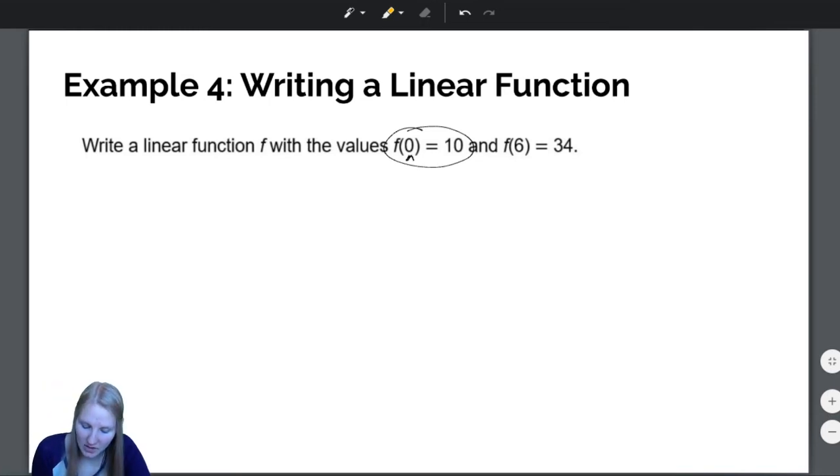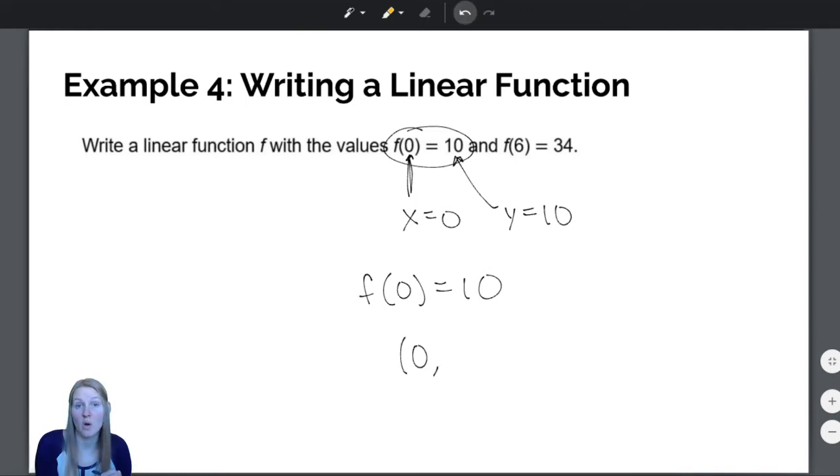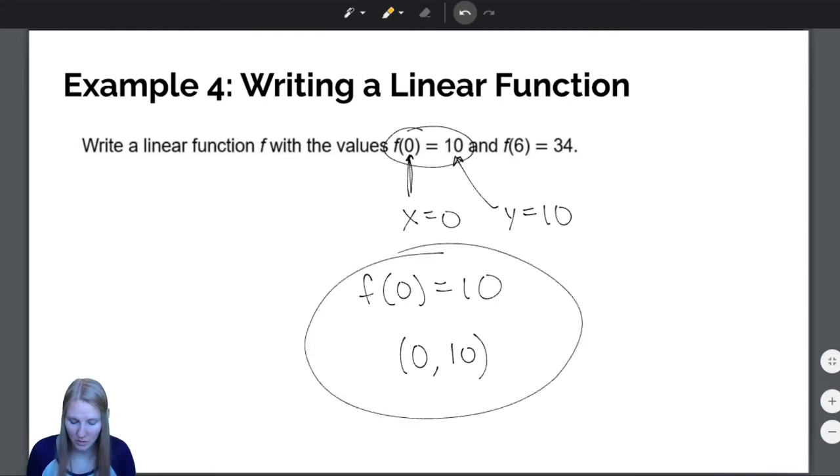It means that my input is 0, so x is 0, and it means that my output, or my y, is 10.